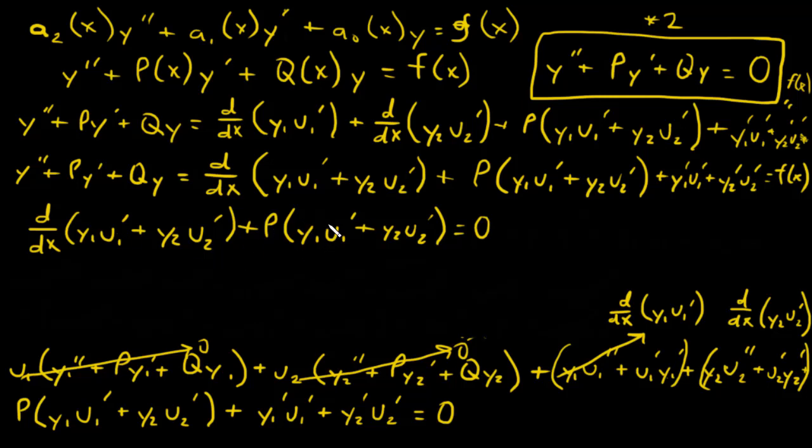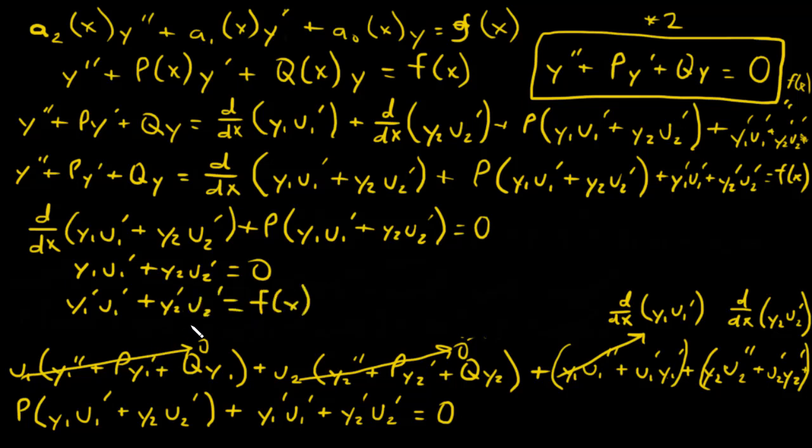Well, the only way that equals 0 is if this equals 0: y1 u1 prime plus y2 u2 prime equals 0. That has to be the case. Well, if this equals 0, this piece up here, that means this piece is equal to f of x. So y1 prime u1 prime plus y2 prime u2 prime equals f of x. Okay?